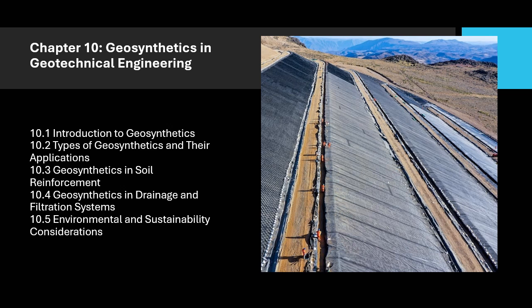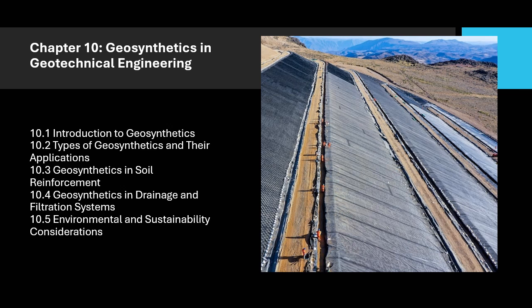2. Shear resistance. Geosynthetics provide shear strength to the soil by interlocking with soil particles. For example, geogrids have a mesh-like structure that encourages the soil to grip onto the grid, preventing slippage and improving the overall shear resistance of the soil mass. 3.